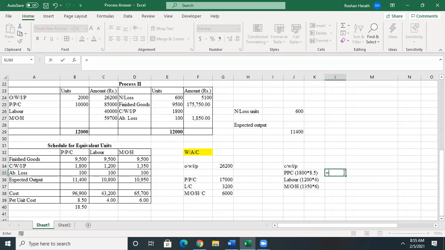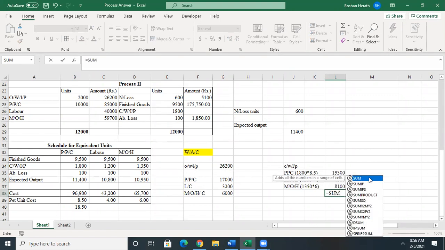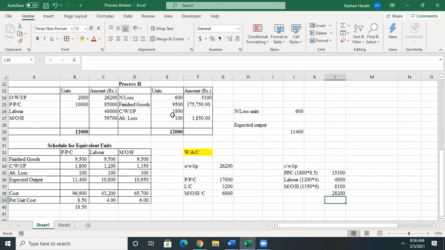So once you take that 1,800 into 8.5, 1,200 into 4, 1,350 into 6, here comes the value of the closing WIP, 28,000. So usually we are taking it finally.